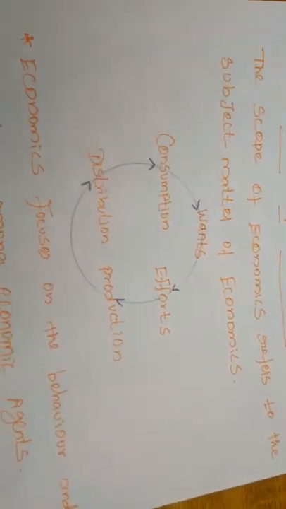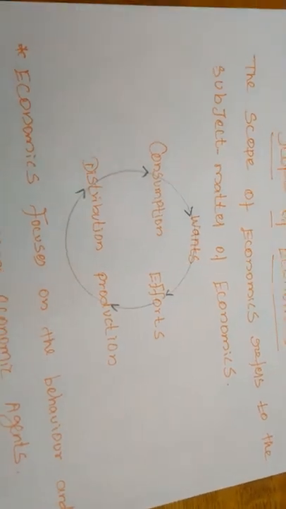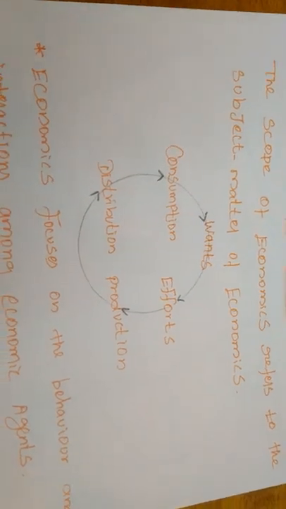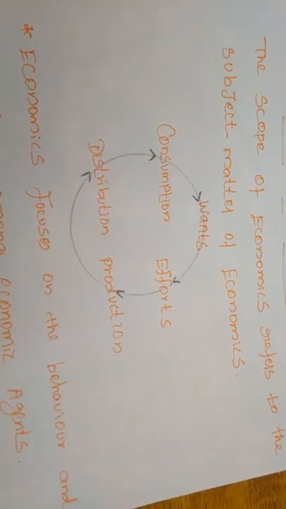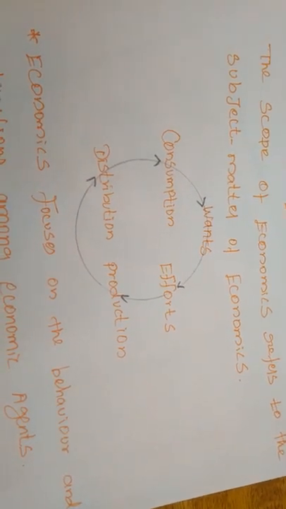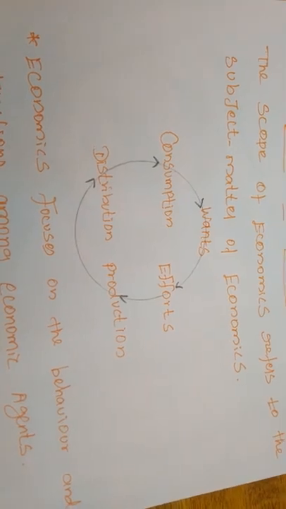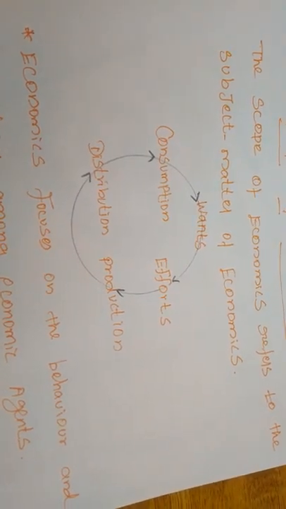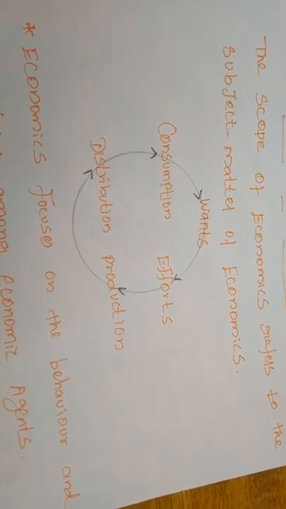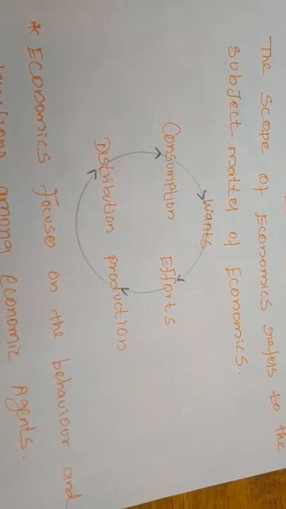Next, efforts. After getting the wants, or after having the desire to consume something, what do we have to do? We have to take some effort to attain and satisfy the wants. For that we need money, right?